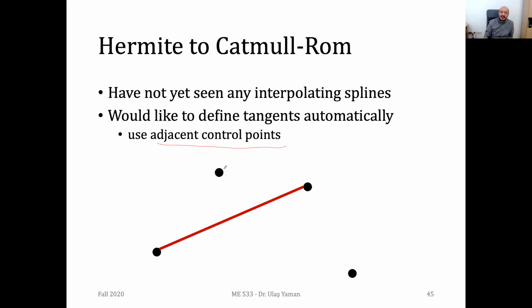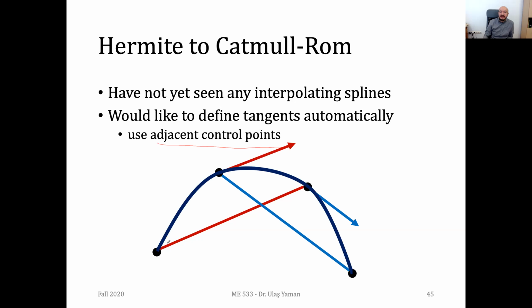Then we draw a tangent vector here, which is parallel to the line joining the adjacent points. And we do the same for the other one. Now we have tangent vectors for the intermediate control points, and with the help of them, we can obtain an interpolating spline. This is called Catmull-Rom splines.